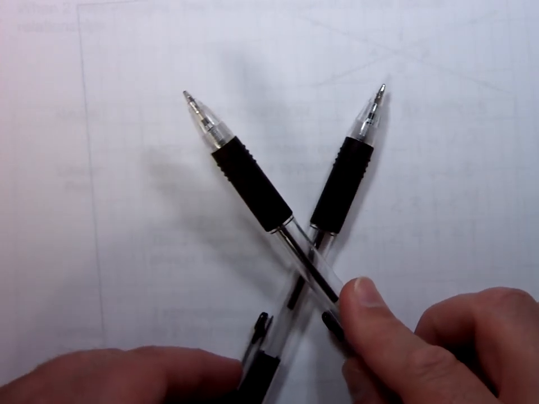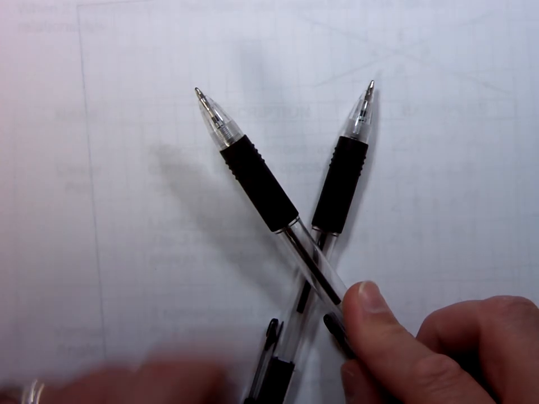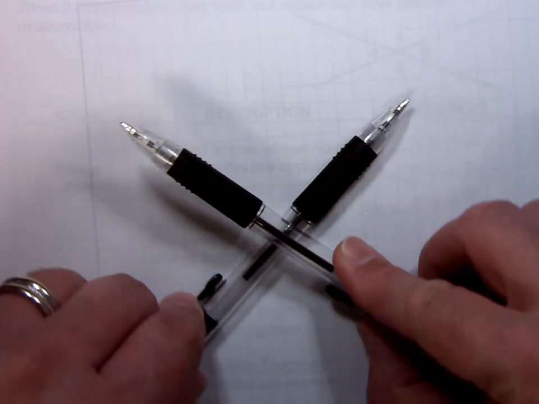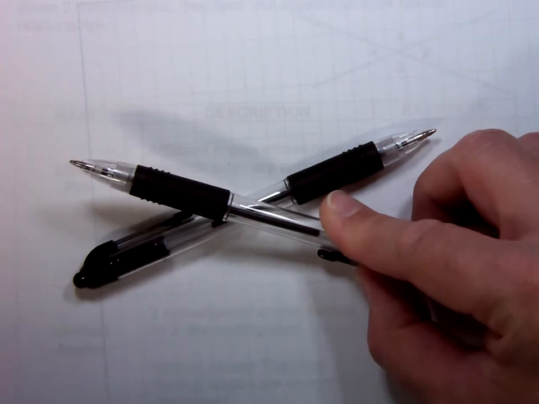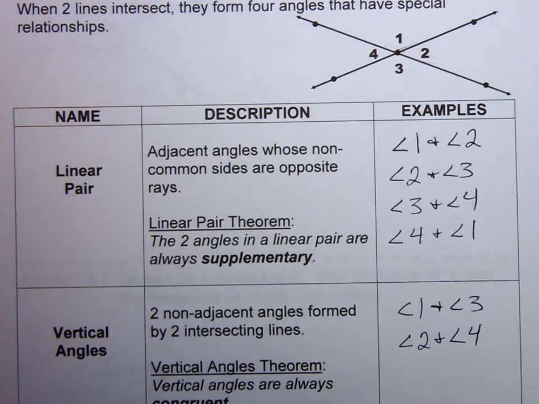As I make this angle smaller, this angle gets smaller as well. If I make this angle bigger, this angle gets bigger. So vertical angles always stay congruent to each other. Vertical angles are always congruent. They always have the same measure.